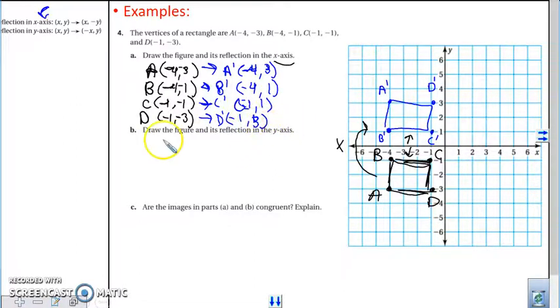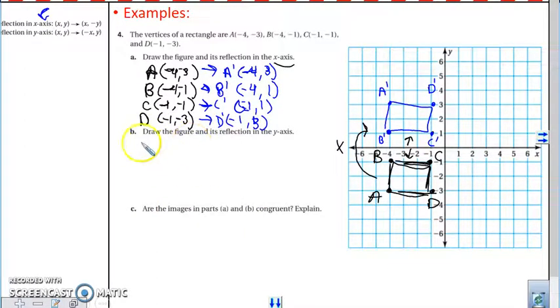All right. Now we're going to flip the original figure, the black one, in the y-axis. Here's what we should be getting when we flip in our y-axis. So, one second. Okay, I'm going to rewrite it. A, B, C, D: -4, -3; -4, -1; -1, -1; -1, -3.